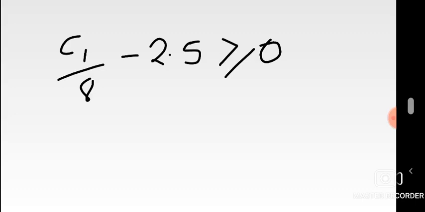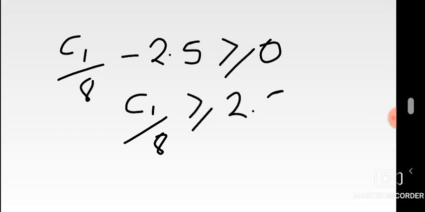Take note of this. After you've done those figures, you found them, then take the 2.5 to the other side. Because you're just trying to make c1 the subject of your formula basically here. So that gives you positive 2.5. Multiply both sides by what to kill this 8 on c1? By 8. Just multiply both sides by 8, then you're done.